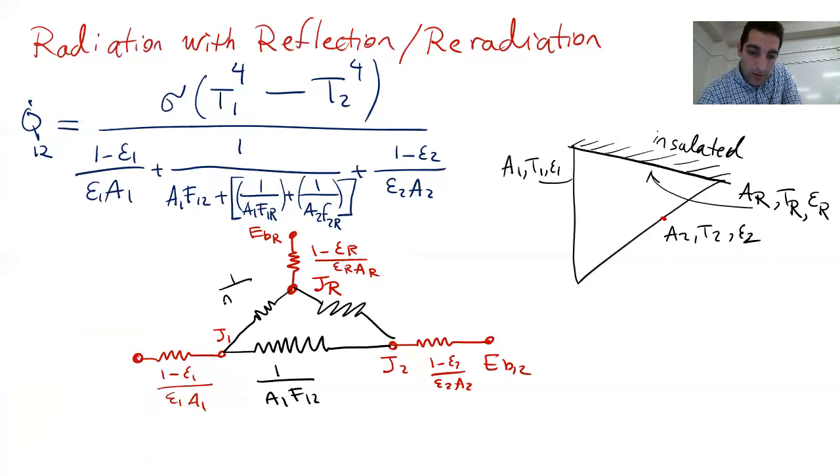So quickly on this, 1 over A1 F1R, and the other one as well. But the point here is that because we said the back side of it is insulated, no Q can be coming into this, right? That's the definition of insulation. So QR is 0.